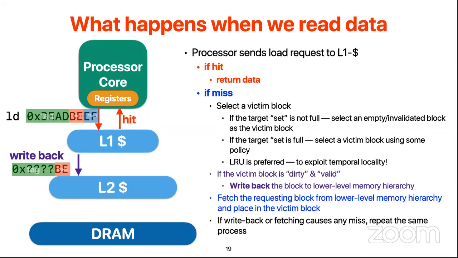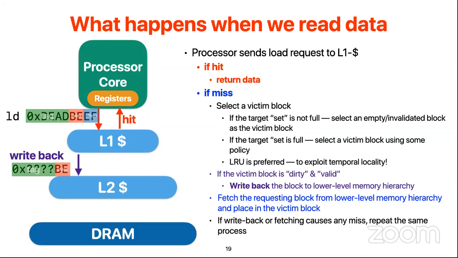If the cache block that you selected to accommodate the new block is dirty, it means the block has been modified, and the currently missing cache is the only place that has the up-to-date data of the block.